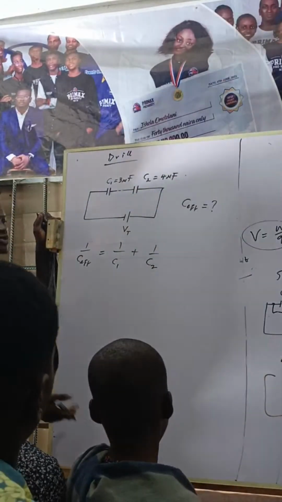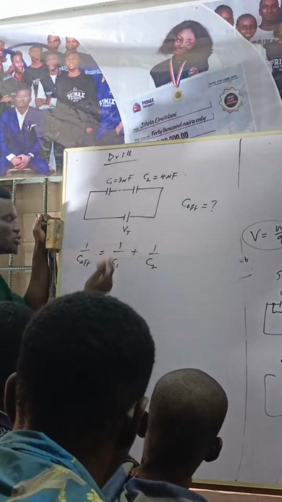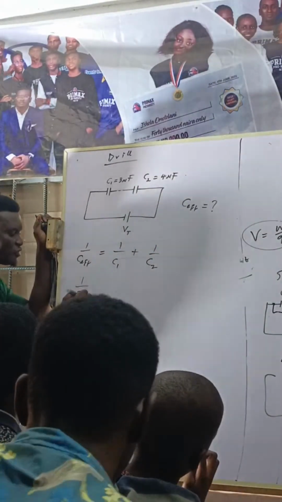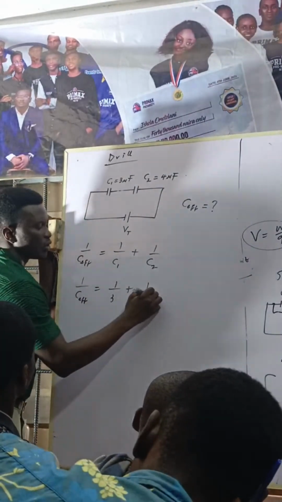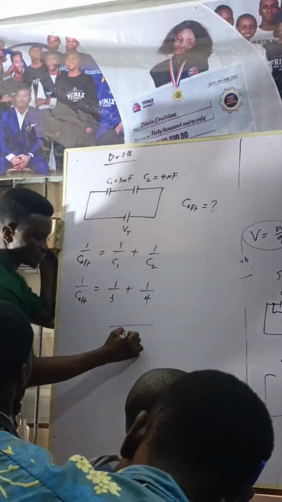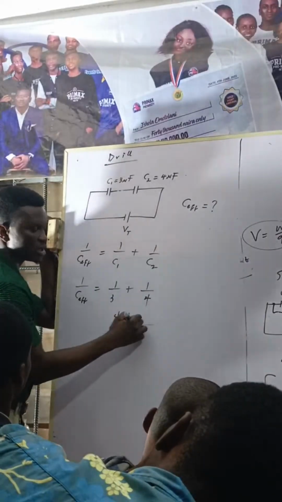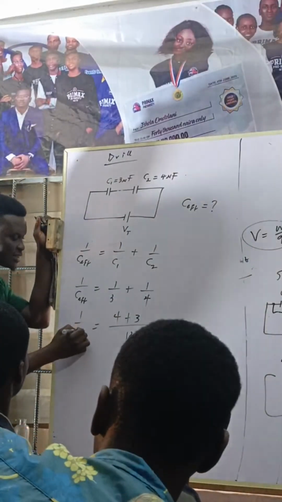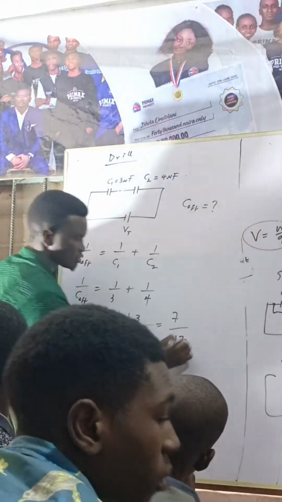Note something, I could have just done it straight, but let's just do it like this first. 1 over C effective is going to be 1 over 3 plus 1 over 4. Find your LCM. LCM is what? That will be 4 plus 3 over 12, and that will be 1 over C effective.